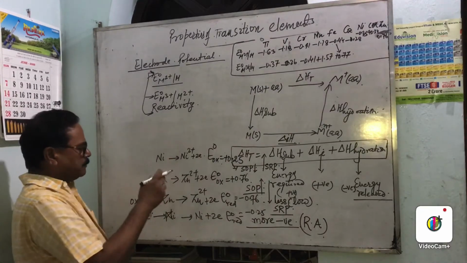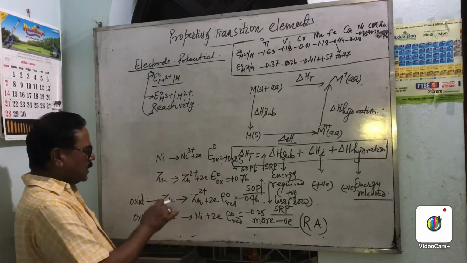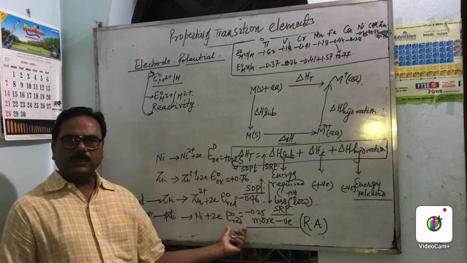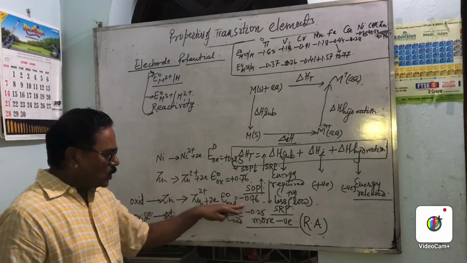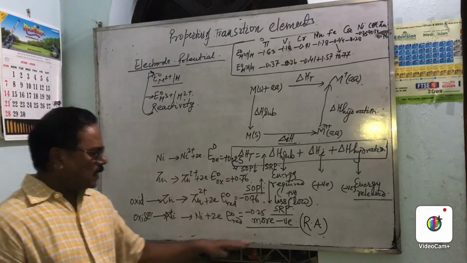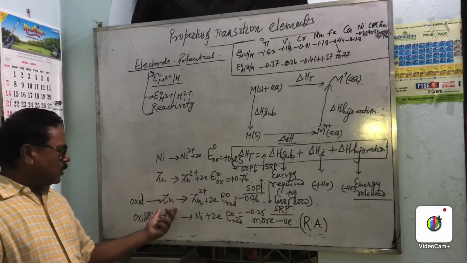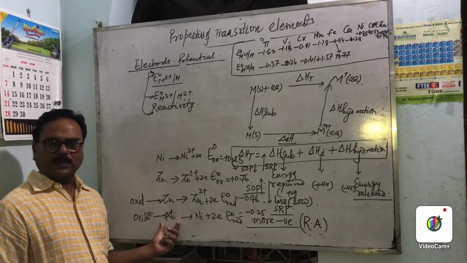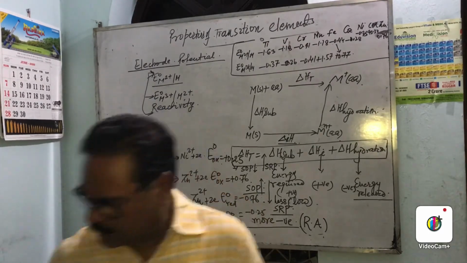Out of zinc and zinc 2 plus and nickel and nickel 2 plus, zinc is more reactive than nickel, because it is more negative. More negative will act as the reducing agent, so zinc will act as a better reducing agent than nickel. Is it clear? Now, the question is here.